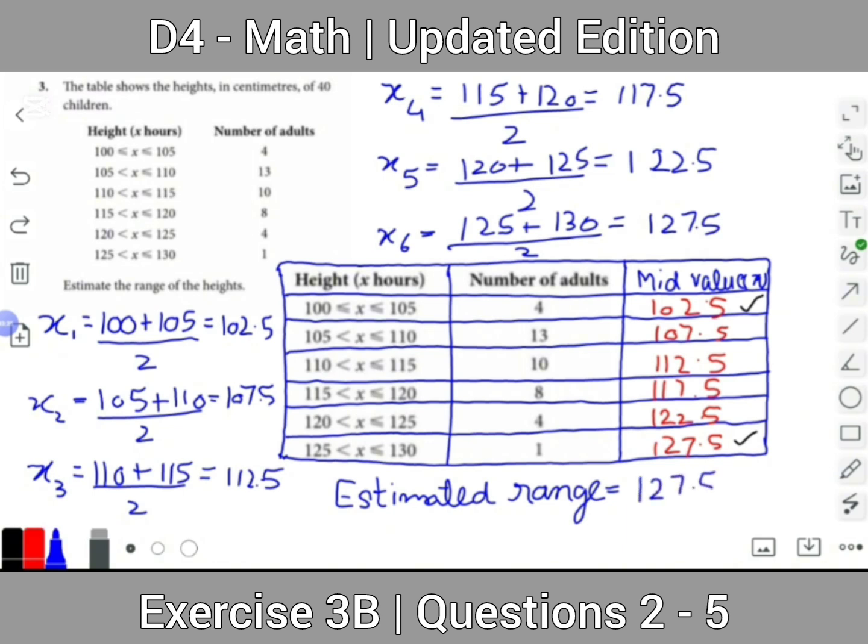So 127.5 minus 102.5 will be equal to 25 hours. So the estimated range of the heights is equal to 25 hours.